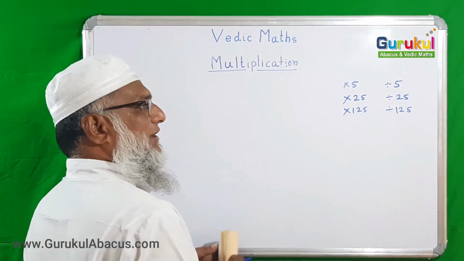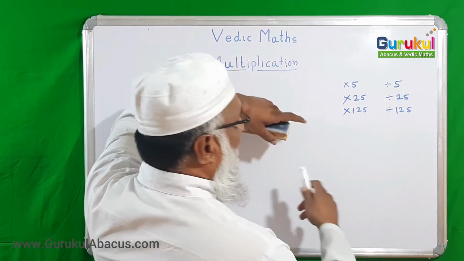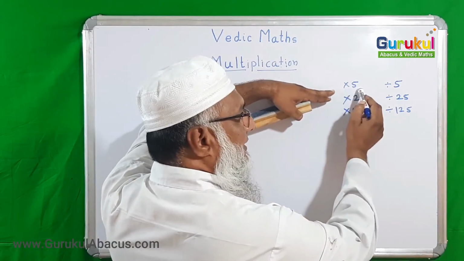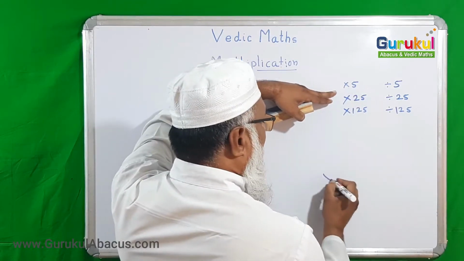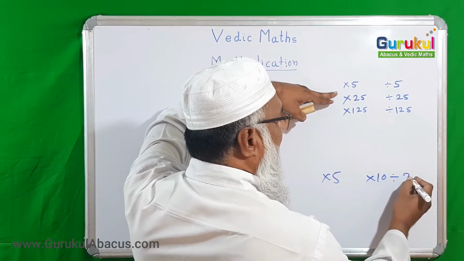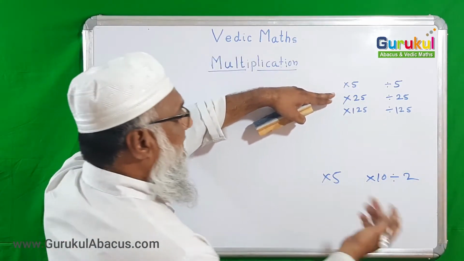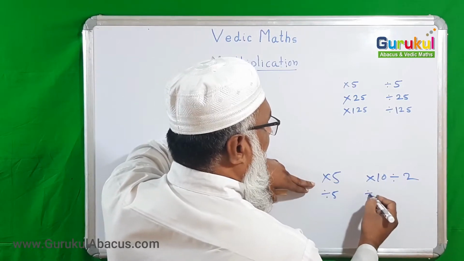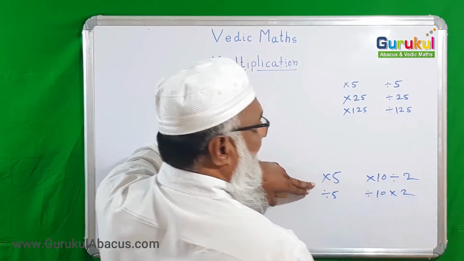Again, I am telling you the rule a little bit so you will understand more properly. Multiplying by 5 means multiplying by 10 and then dividing by 2. The inverse, dividing by 5, means dividing by 10 and then multiplying by 2.